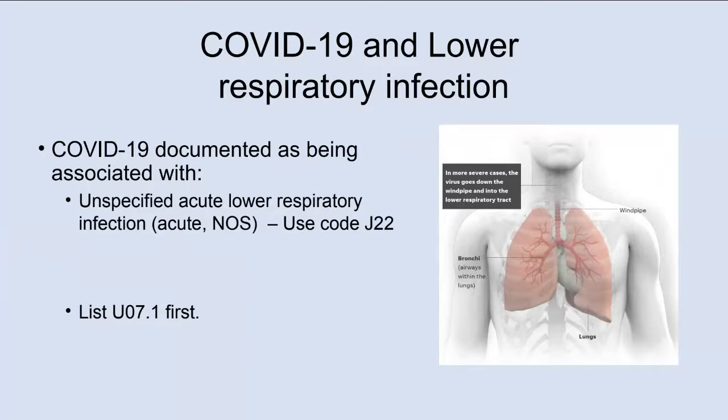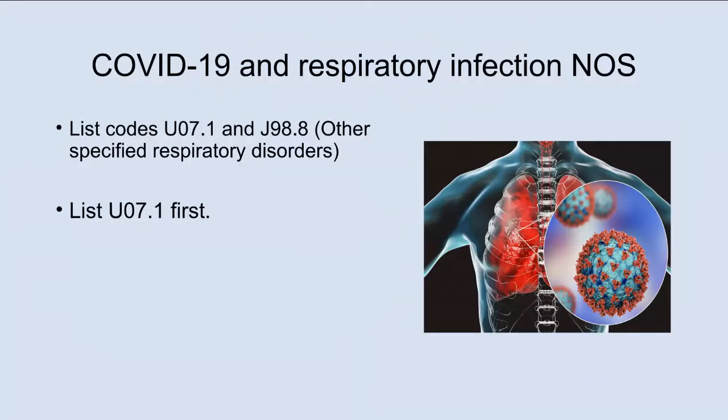So also guidelines for lower respiratory infection. If the infection is not specified as acute, use J22, unspecified acute lower respiratory or acute NOS. Again, U07.1 is listed first. Now it's other specified.